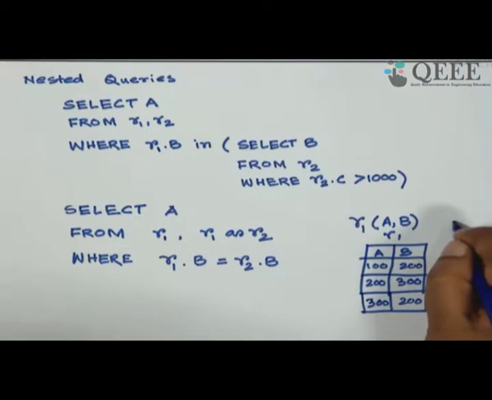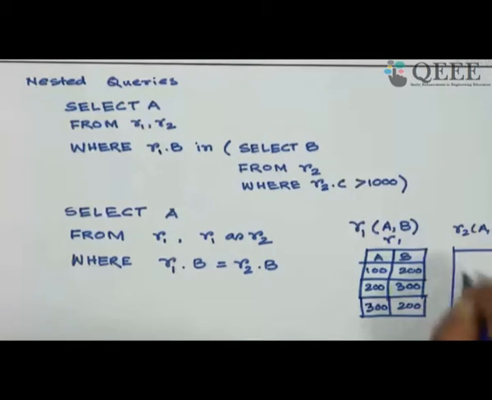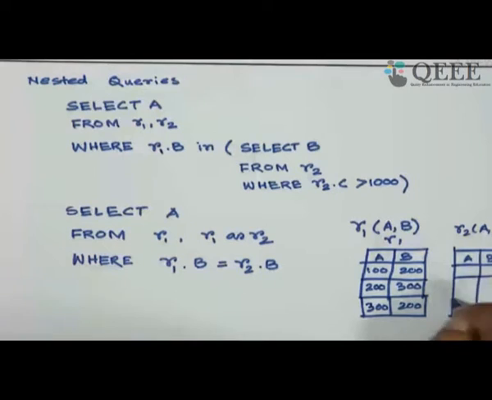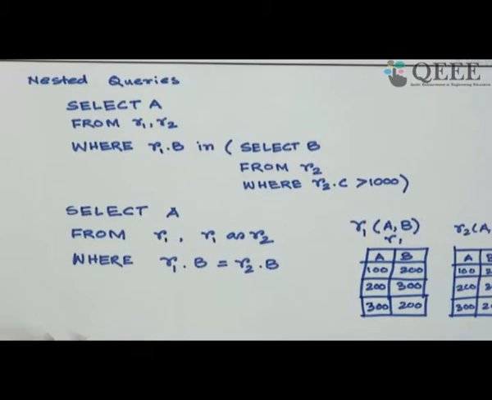R2 also becomes the same. Now try to make the Cartesian product of these two, R1 and R2, which is R1 comma R1 as R2. What does the Cartesian product look like? Let me write it down again.